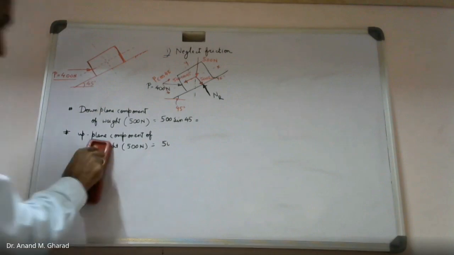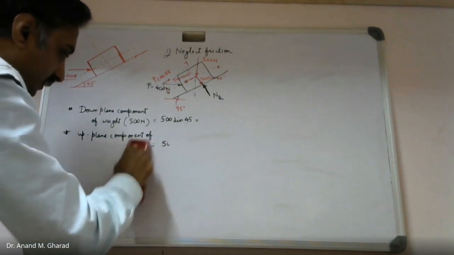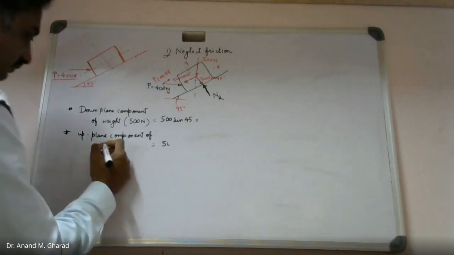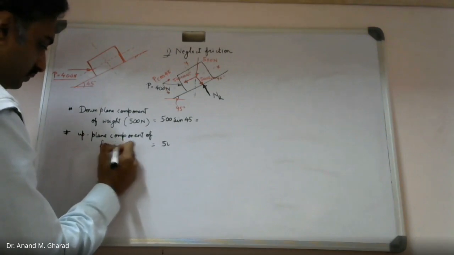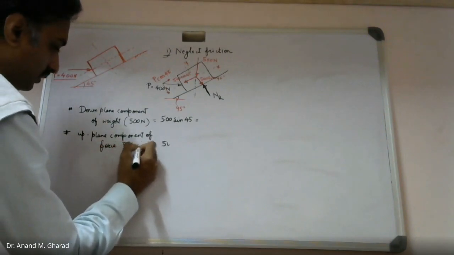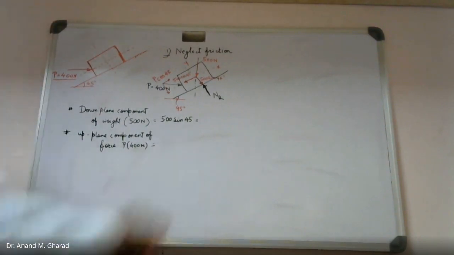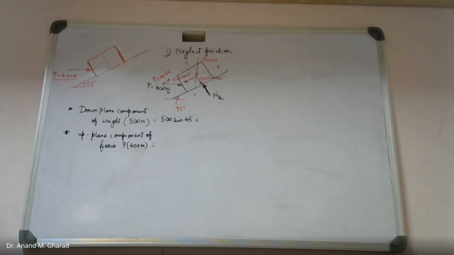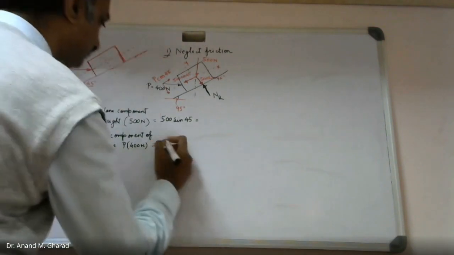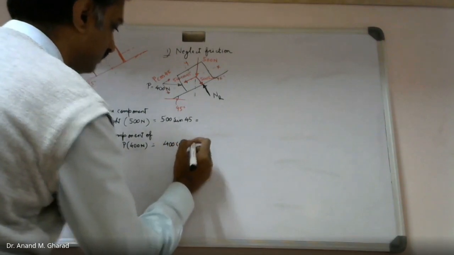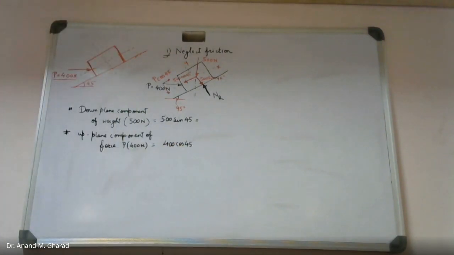Here it won't be weight, for weight it will be 0, but for the force P, which is 400 Newton, over here it will be 400 cos 45. Although it is acting in the downward direction, it is the 400 cos 45 component.